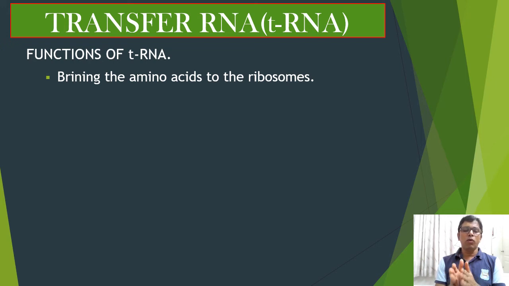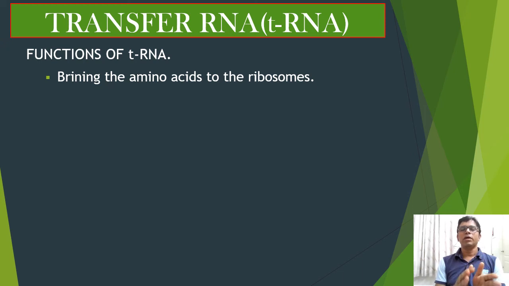There are 20 amino acids present in the cytoplasm of the cell, and around 32 different kinds of tRNAs are present.